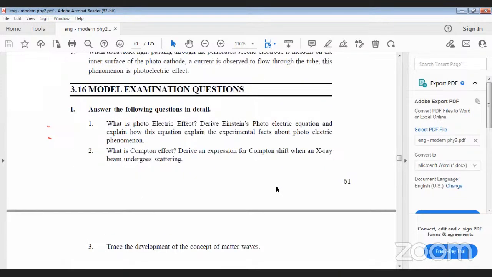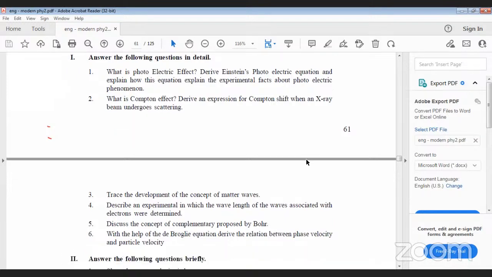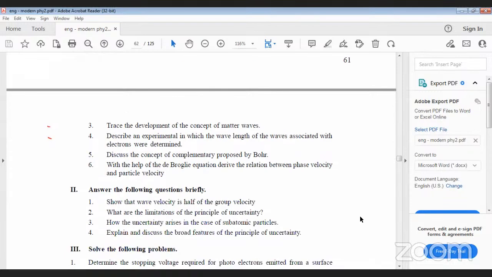See here, what are the questions? What is the photoelectric effect? There is the Einstein photoelectric effect. What is the Compton effect? There is the expression for it. Photoelectric effect, Compton, and also Davisson and Germer.